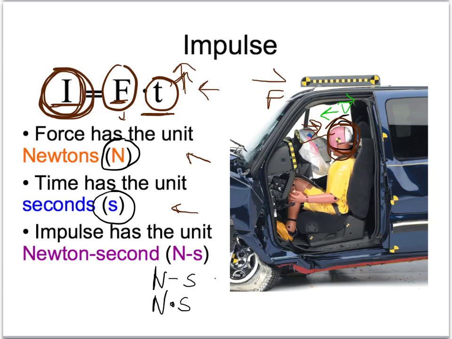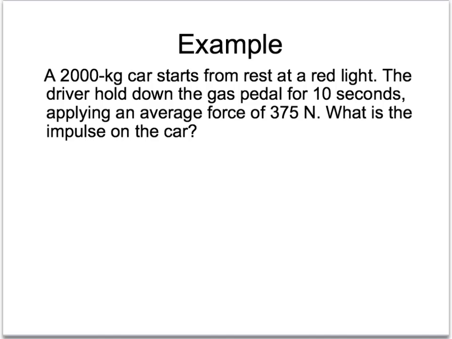Key takeaways. Moving on. Here's a fairly simple example of using impulse. A 2,000 kilogram car starts from rest at a red light. The driver holds down the gas pedal for 10 seconds, applying an average force of 375 newtons. What is the impulse on the car? Okay, impulse is force times time.